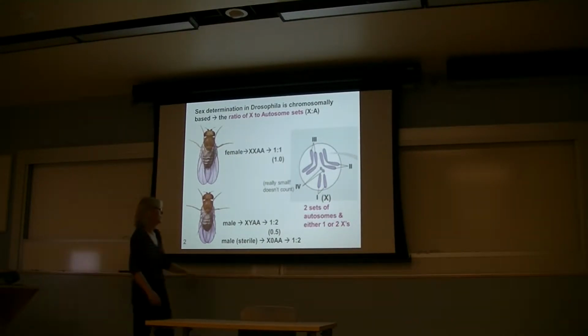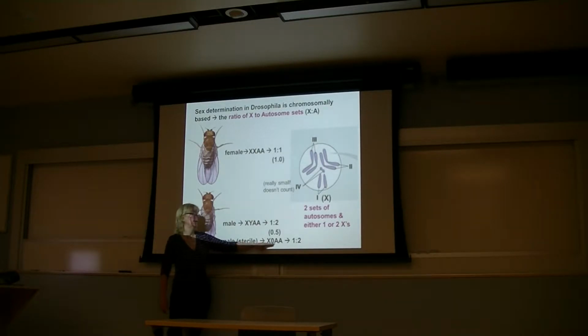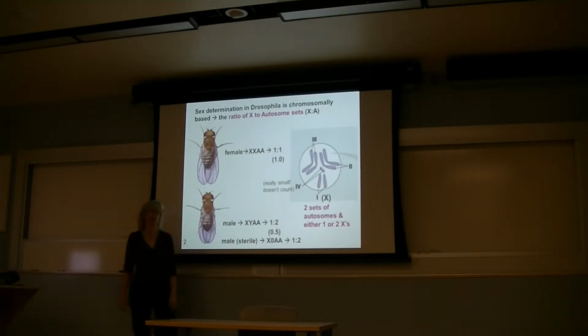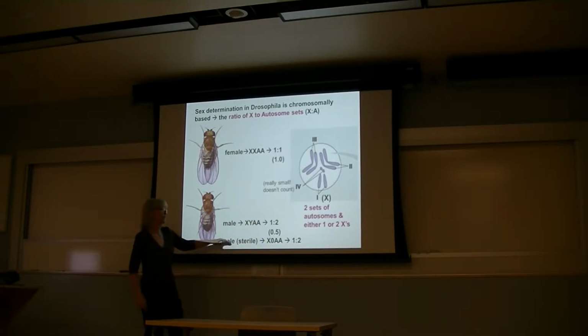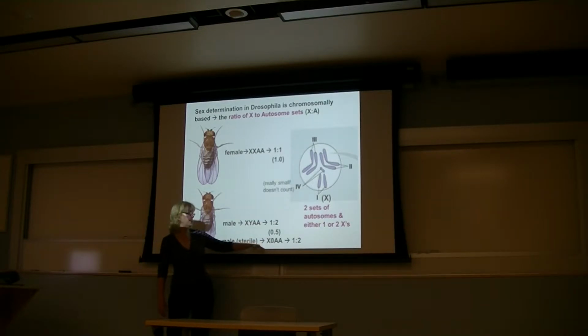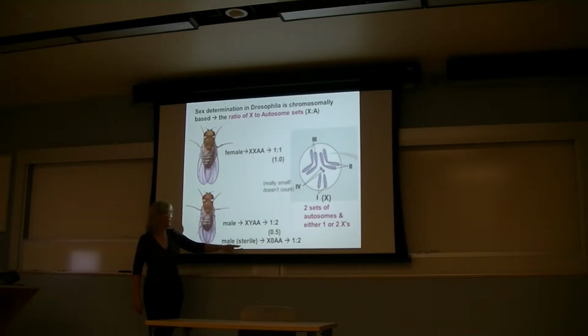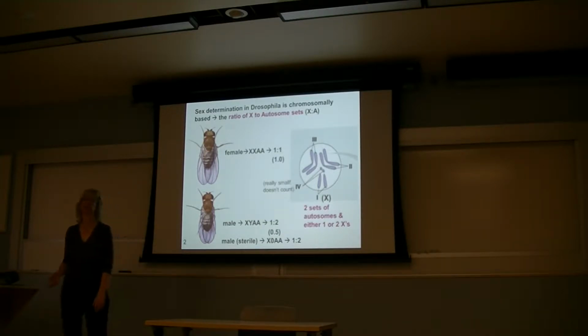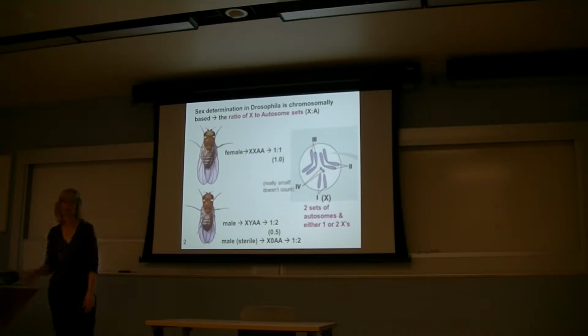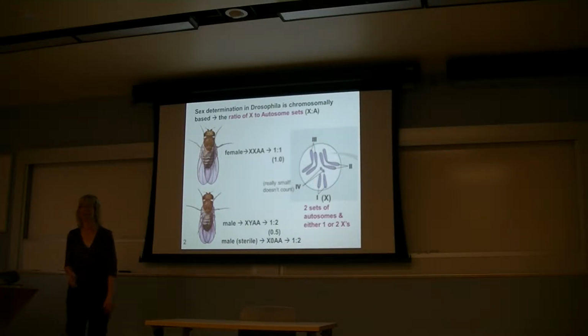Now, just for contrast, if you had an XO autosomal male, this would still become male because the male versus female phenotype is relying on the ratio, but it'll be sterile because there are genes on the Y chromosome that are ultimately needed for fertility, but not for sex determination per se.